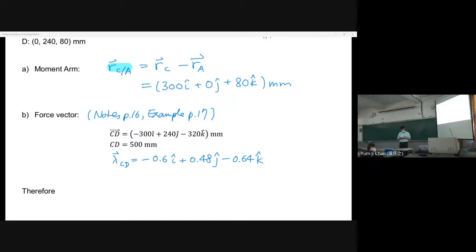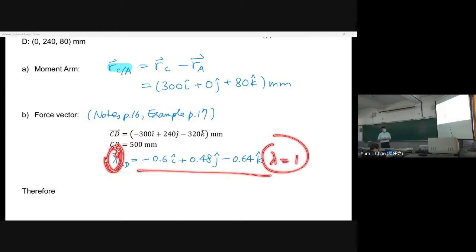So what is lambda here? What kind of vector do we use lambda for? Unit vector, very good. So we use lambda for a unit vector, so the magnitude is equal to 1.